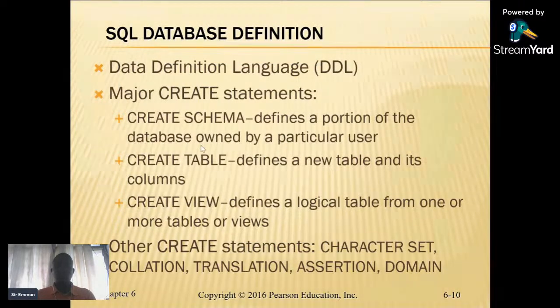So in essence, we say that with data definition language, we define the database. So we create a schema where we define a portion of the database owned by a particular user. We create tables, we create views, and we can also create statements like character set, collation, translation, assertion, and domain.